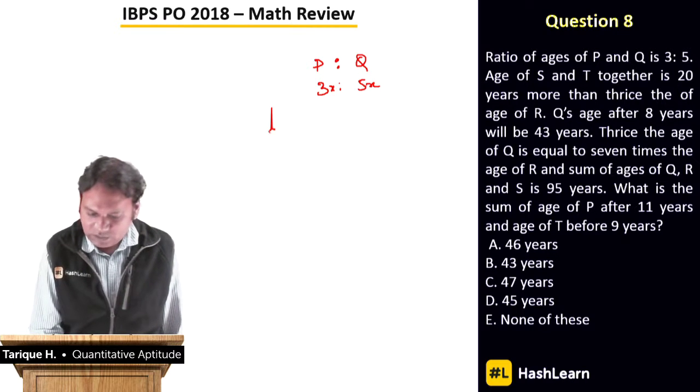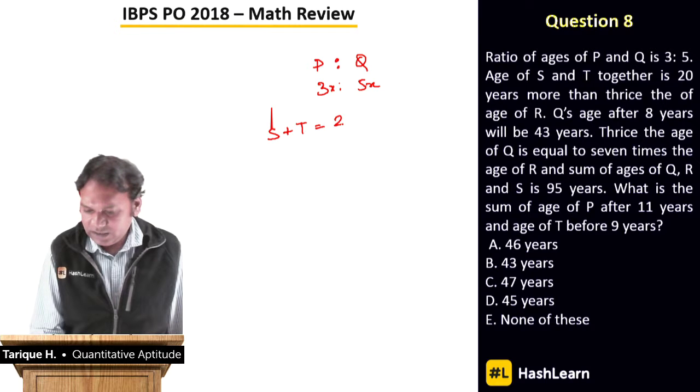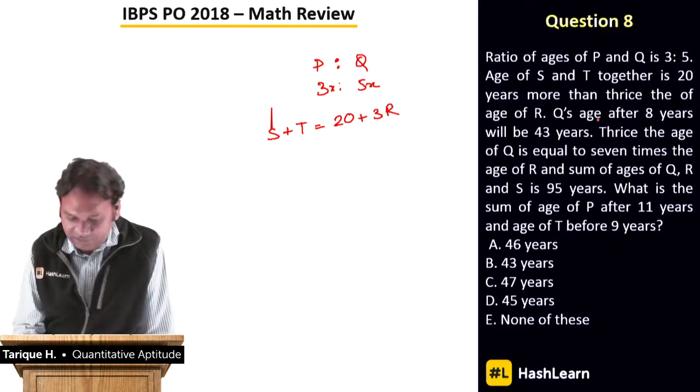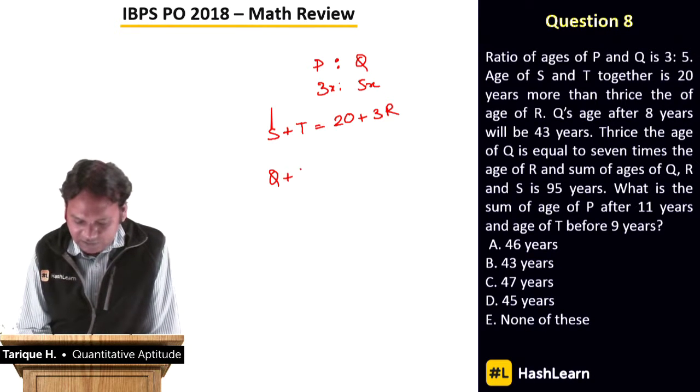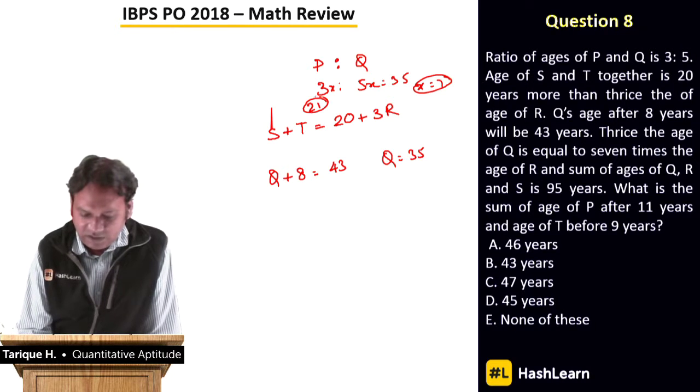Now S plus T together is 20 years more than 3 times the age of R. Q's age after 8 years will be 43. So Q's age is 35. And if 5x is 35, x is equal to 7, then 3x is 21. So P's age is 21 and Q's age is 35.